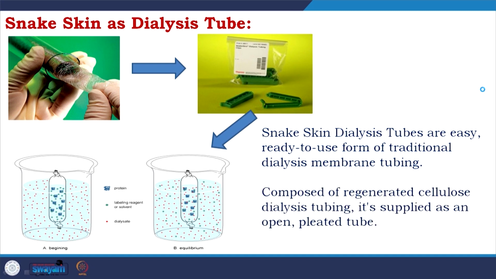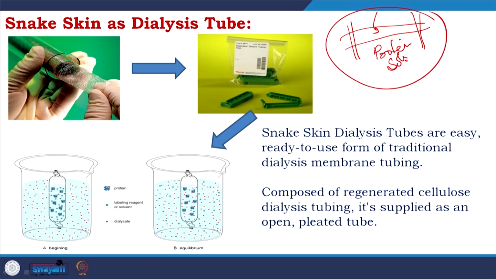Composed of regenerated cellulose dialysis tubing, it's supplied as an open pleated tube. So you get it, you have these tubings like that, you put the clip here, after the protein solution and buffer, and now you put it on the buffer overnight.